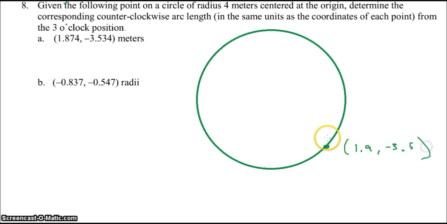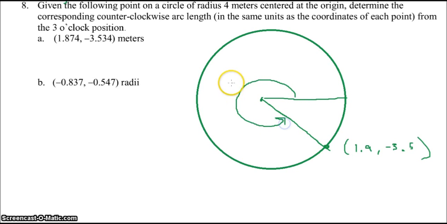And if I want to find the angle measured in radians from the 3 o'clock position. Actually, we want the arc length, but first I need to find this angle. We'll call it theta.